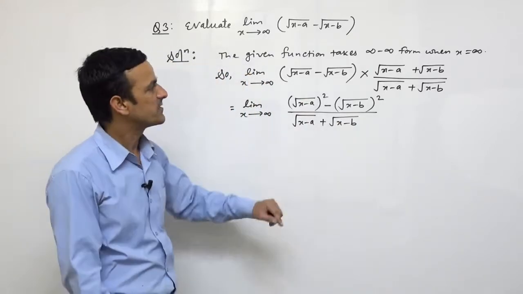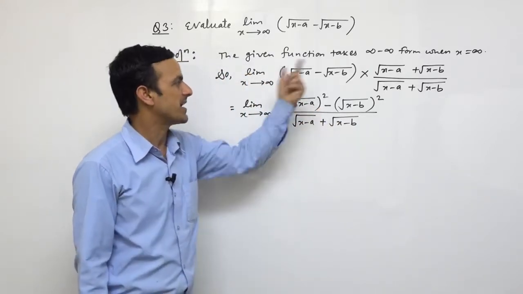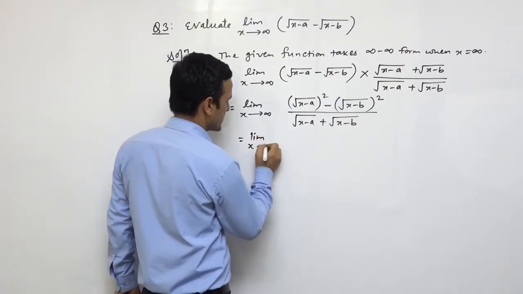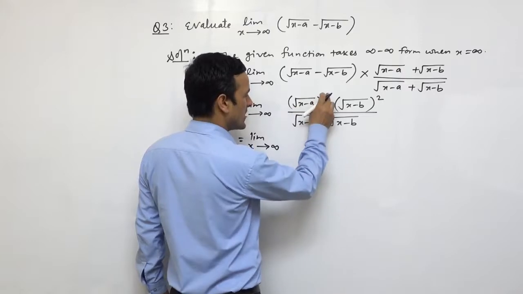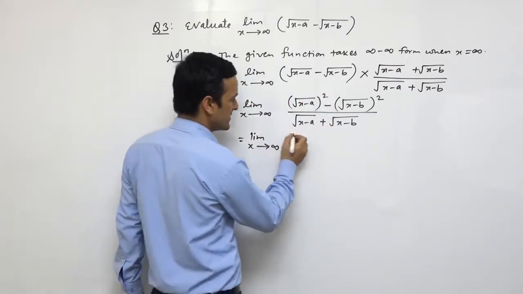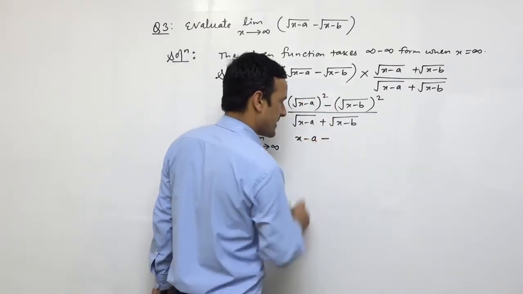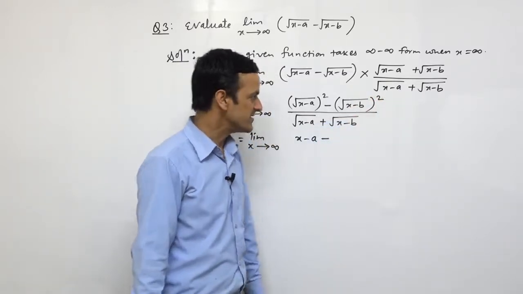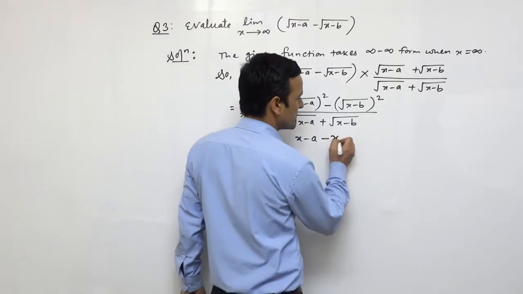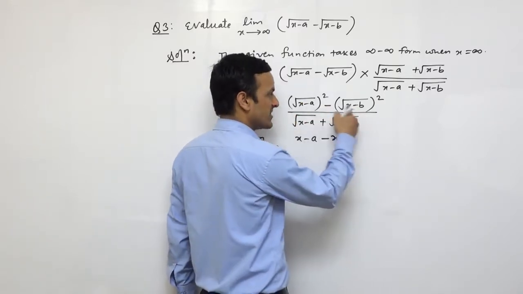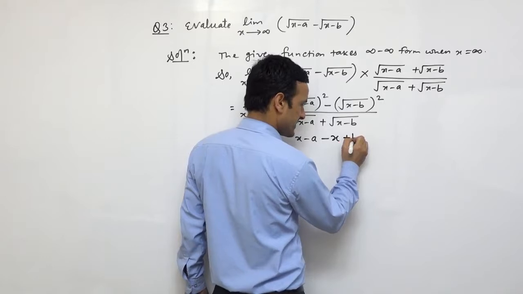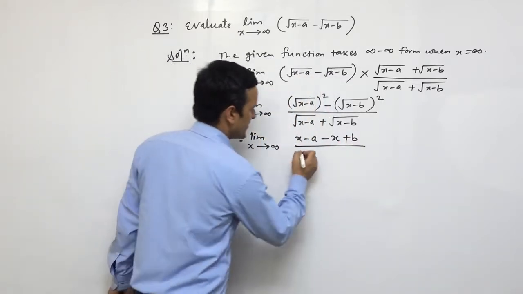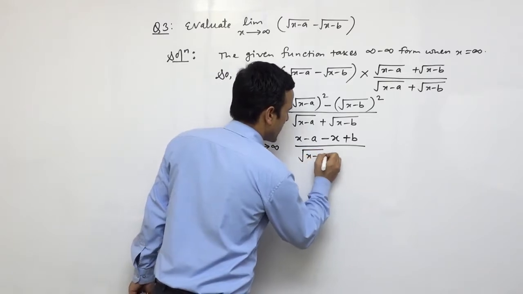Now we can solve it by removing this bracket and making a square. So x tends to infinity, so root and square both cancelled, then we get x minus a. Similarly, this square and root again cancelled, and we get x, now minus into minus will be plus. So this will be the term, and the denominator is the same.